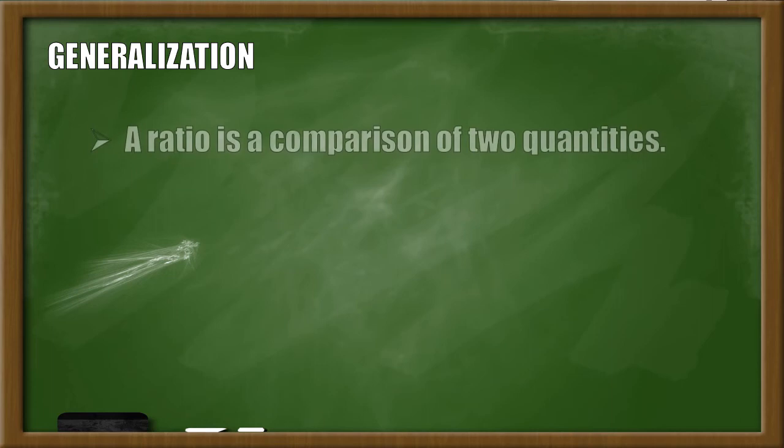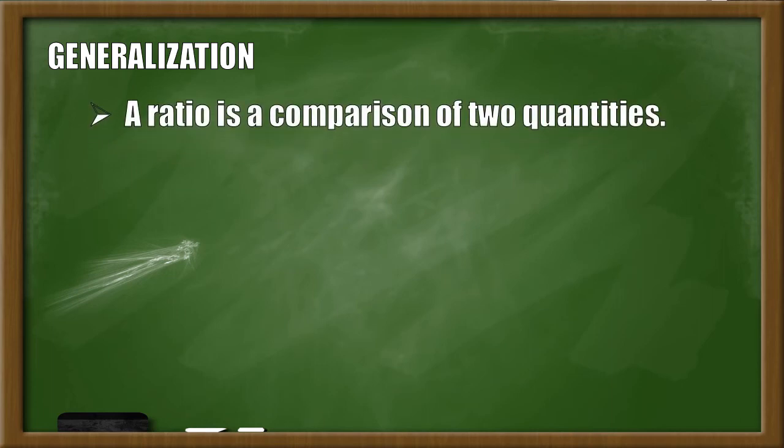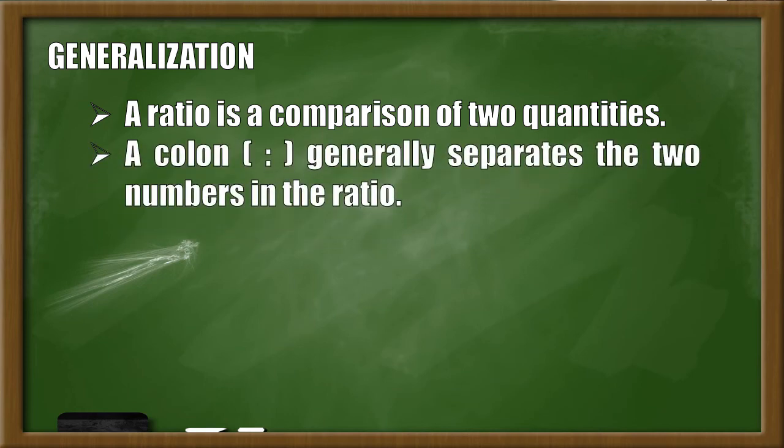Okay, generalization. A ratio is a comparison of two quantities. So, you compare two different quantities or different things. Understood? A colon generally separates the two numbers in the ratio.